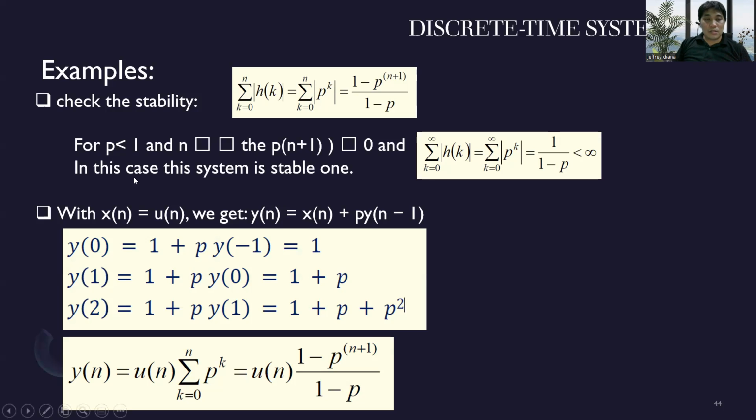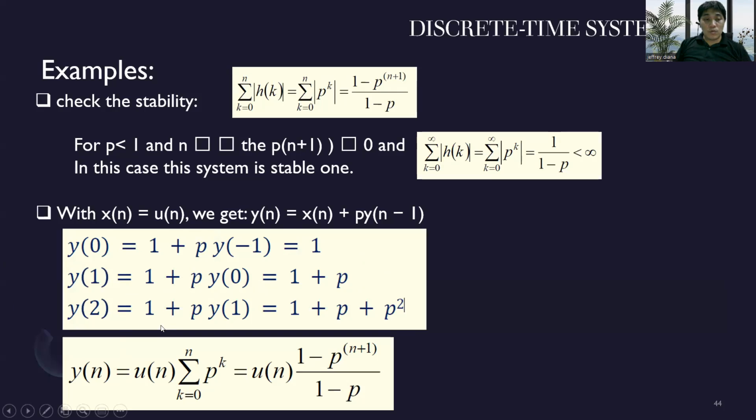With x[n] equal to u[n], we get y[n] equal to x[n] plus p y[n minus 1]. So for example, y[0] is equal to 1 plus p y[-1], which equals 1. For y[1], it is 1 plus p y[0], and the answer is 1 plus p.